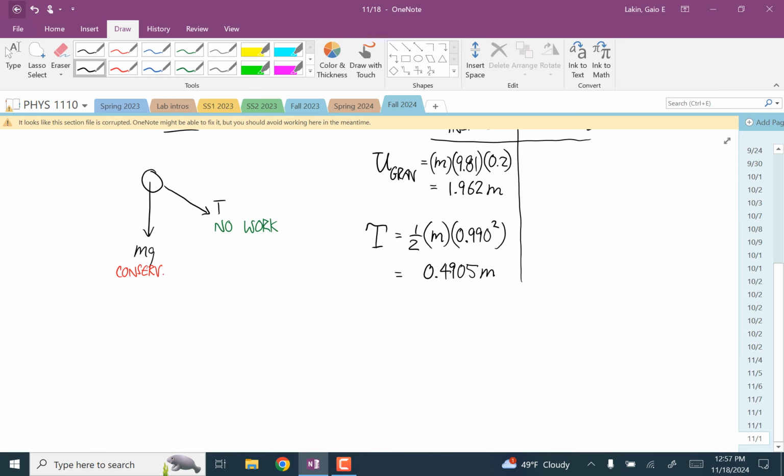With me on that on instant 1? And now at instant 2, what's the height? Yep. That's what we chose as our 0 height. So there's no gravitational potential energy. And then the kinetic energy, well, we're trying to calculate that v, so I'll just leave it as v.